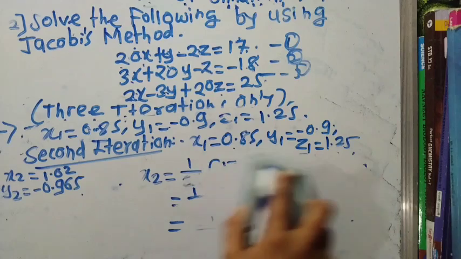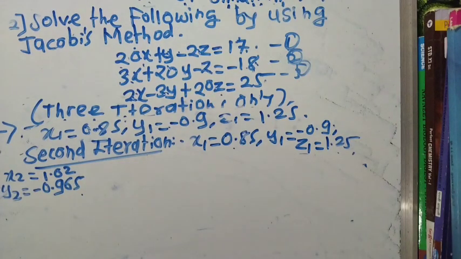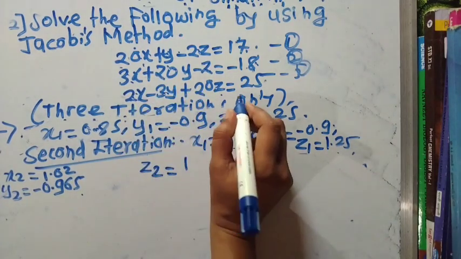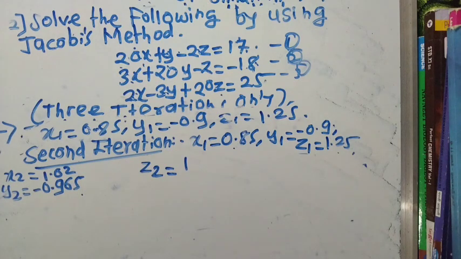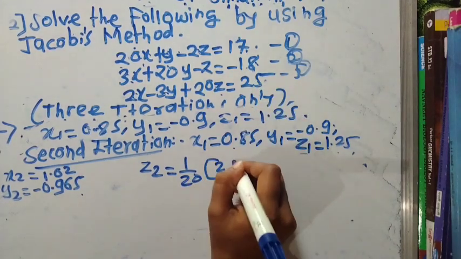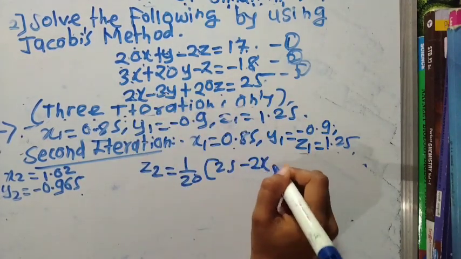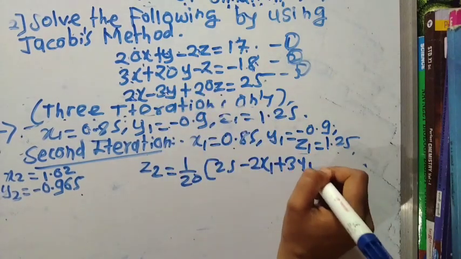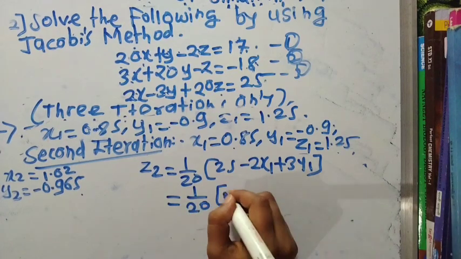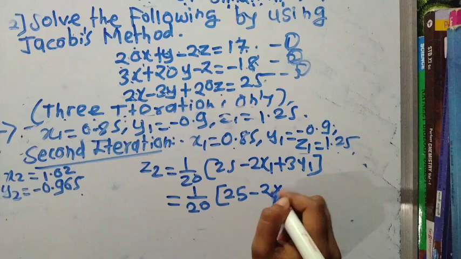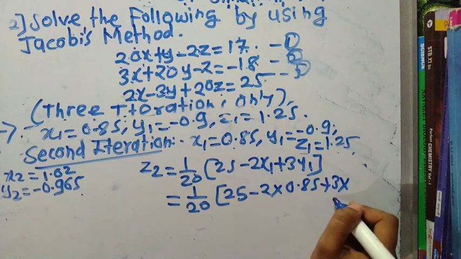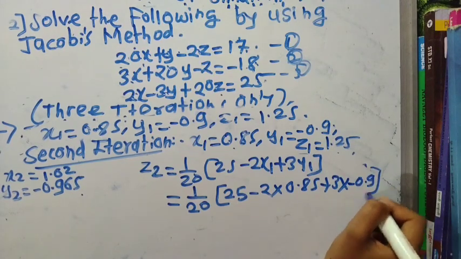Then find out z2. So z2 is equal to 1 divided by 20, 25 minus 2x1 plus 3y1, which is equal to 1 divided by 20, 25 minus 2 into x1 plus 3 into y1, minus 0.9.